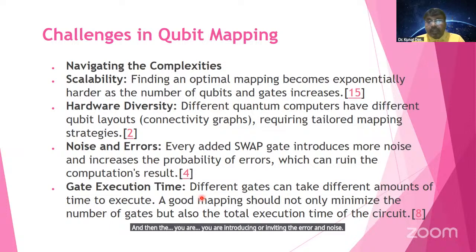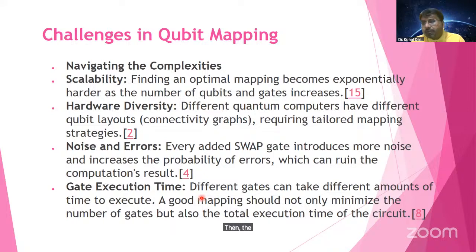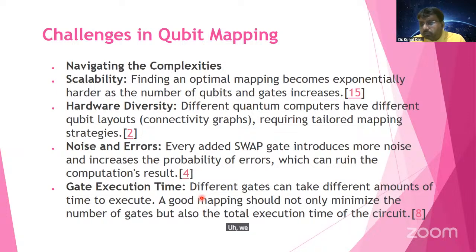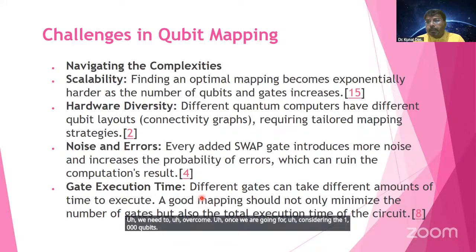And regarding gate execution time, if you don't have a good mapping that is optimized to minimize the number of gates, the total execution time of the circuit also increases. So these are the challenges we need to overcome when considering a 1,000-qubit quantum computer.